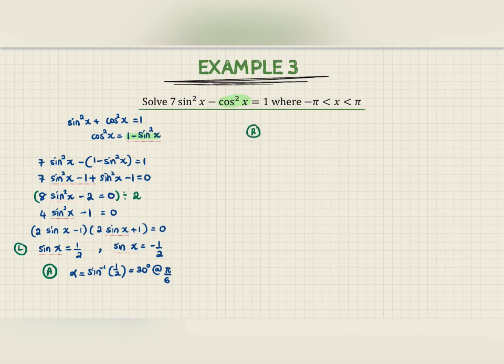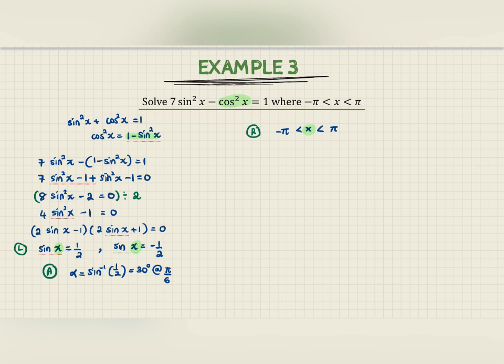Range dia satisfy kedua-dua value lah. Sebab range kita kat sini adalah daripada negative pi sampailah pi. So kat sini pun X juga kan, X sahaja. So kita kekalkan sebagai X sahajalah.